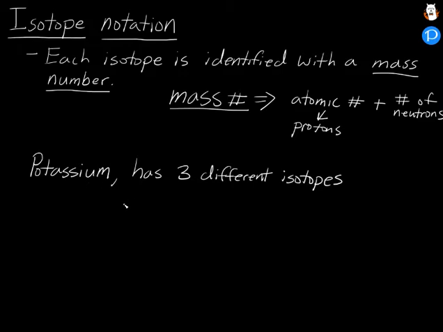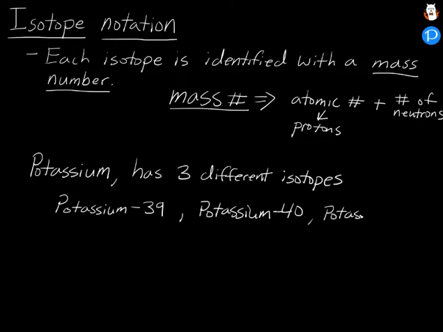Some potassium atoms have a mass of 39, so we would write that like this: potassium, dash, 39. We also have potassium-40, and we have potassium-41. These are the three naturally occurring isotopes of potassium: 39, 40, and 41.